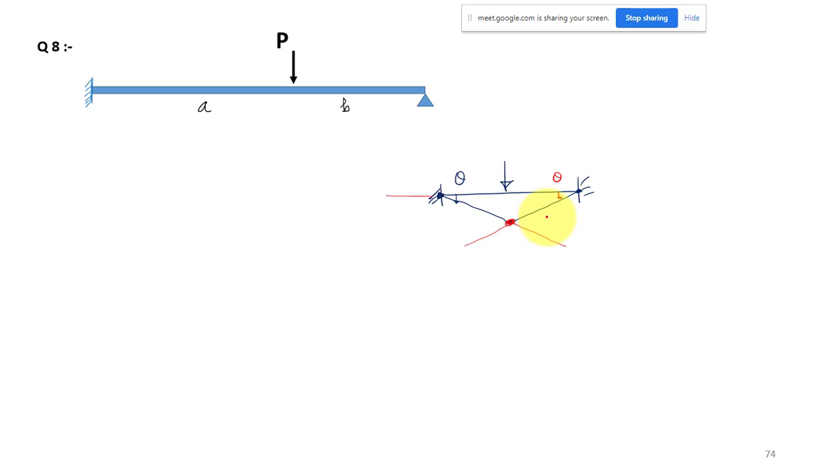So the total angle is this much. This is the change in angle between the two members. This is the first and this is the second member. Let us take this as theta 1 and this as theta 2. So this one also will be theta 1, and this theta 2. Finally this total angle will be theta 1 plus theta 2.